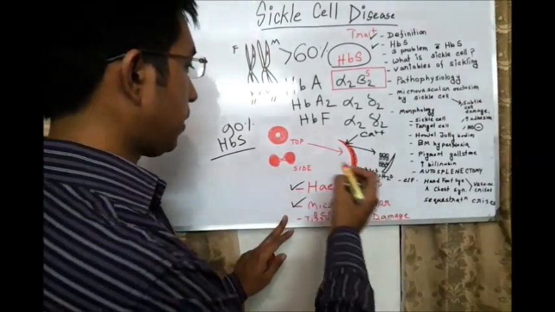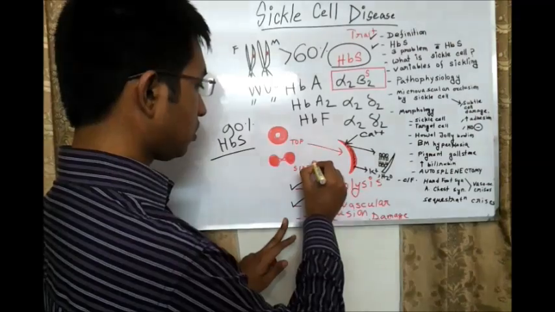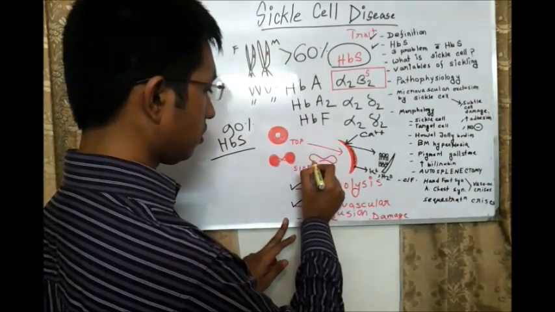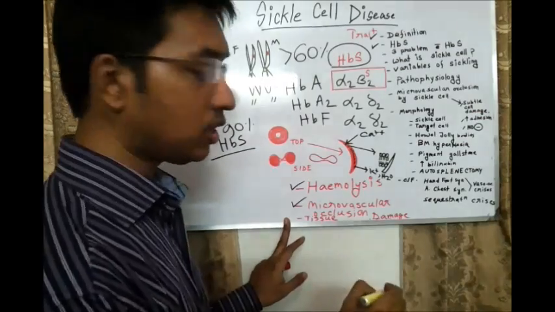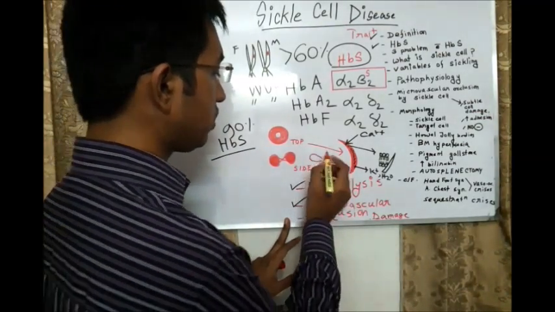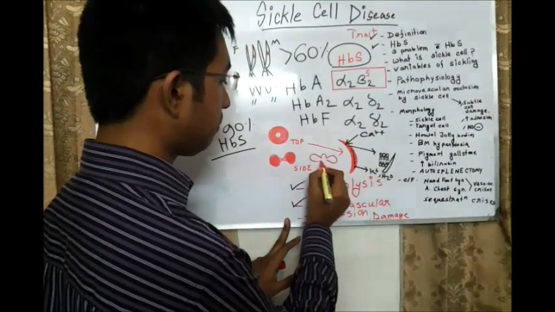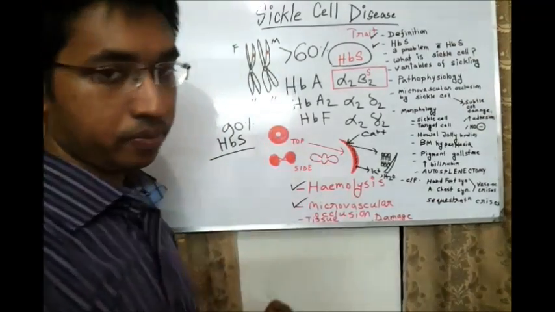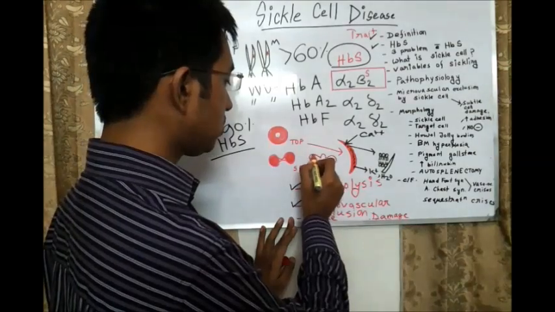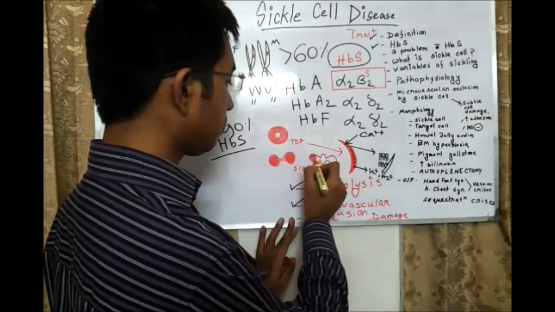Let me explain. For example, suppose this is an RBC viewed from the side. Okay, and suddenly I have dehydrated this RBC, and that will result in formation of a bleb in the center. Okay, and this is the side view.